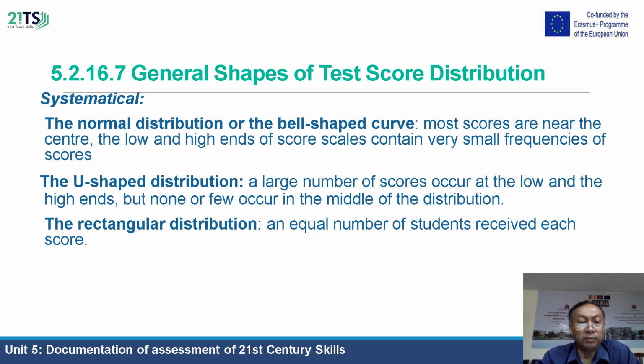The U-shaped distribution means a large number of scores occur at the low and high ends, but none occur in the middle of the distribution. The rectangular distribution means an equal number of students receive each score.